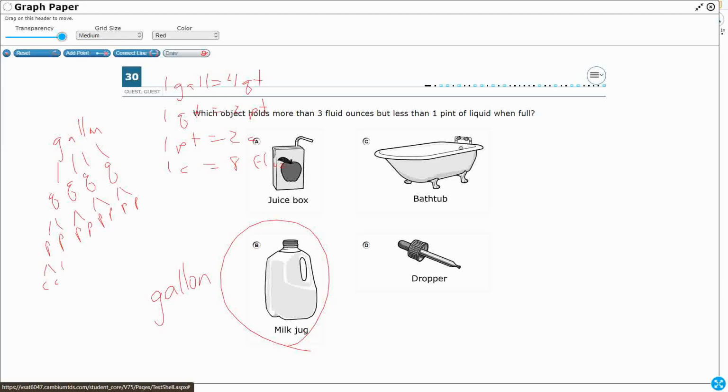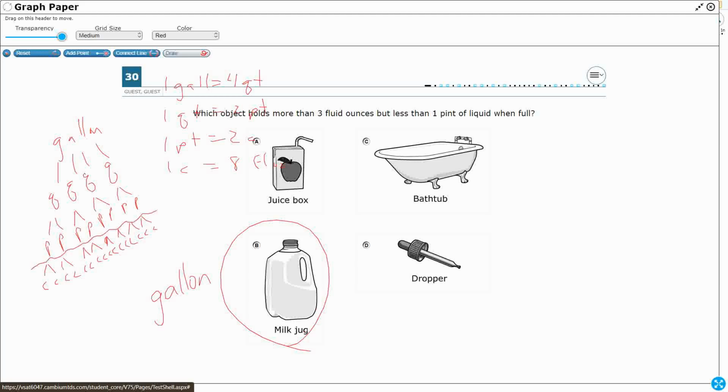So that's a lot of cups. And so what we're looking at is trying to find something that is, and then I'm not even going to draw the fluid ounces, right? Something that's between 3 fluid ounces and less than a pint. So something that's about a cup, right? Because your fluid ounces are down here. But it needs to be less than a pint.